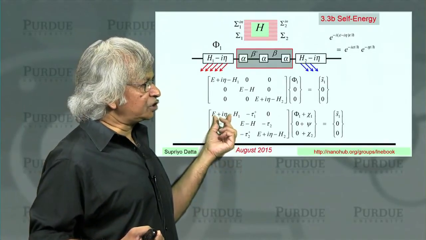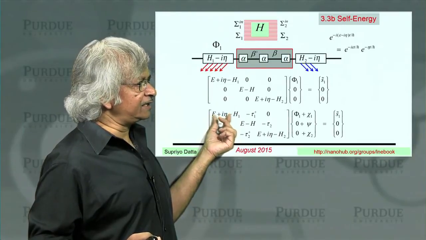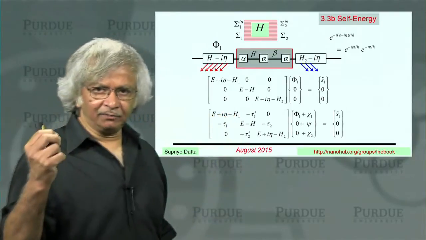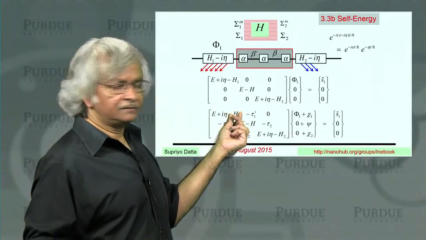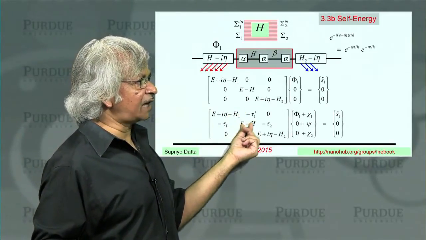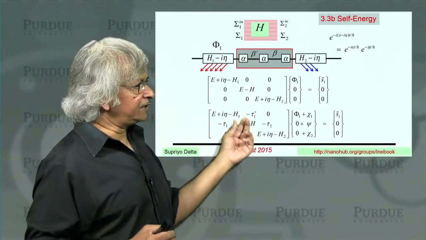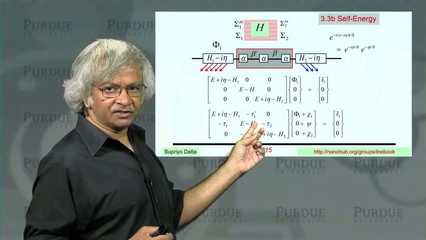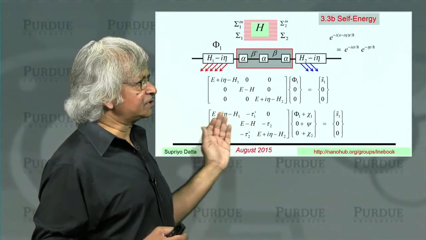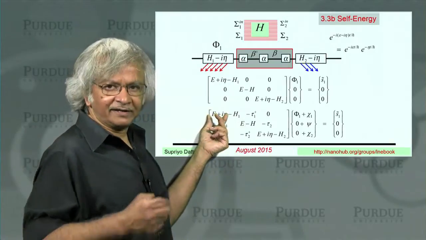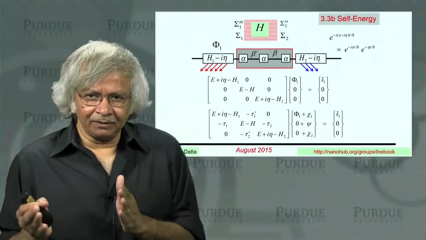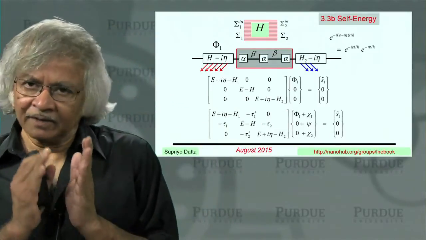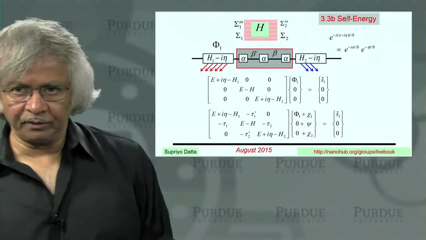So I should really take E plus I eta and multiply it by the identity matrix, which is of the same dimension as H1. Similarly, here it should be EI, where I is an identity matrix with the same dimension as H. Right? But just to avoid clutter, I'm not writing that I. So wherever you see this E plus I eta, it's implied that it is multiplied by an identity matrix of the appropriate size.